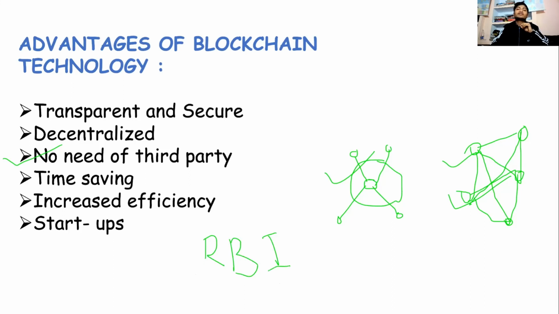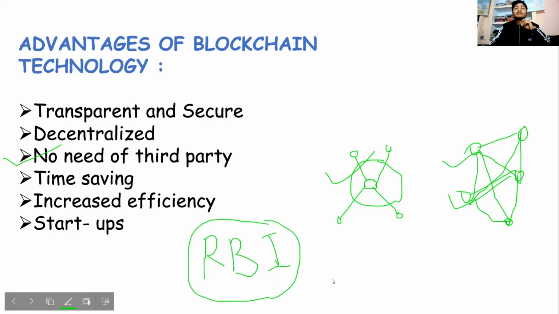So this is a kind of middleman in the middle. RBI works as a middleman between the customer and the receiver. The payment has to be sent through RBI and then given to the receiver. This is the supplier, this is the customer.